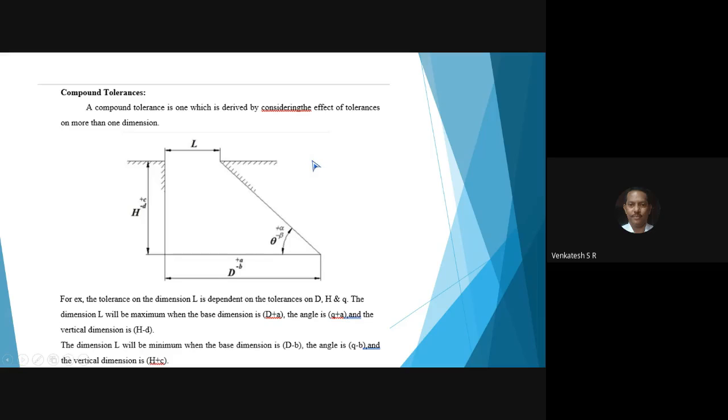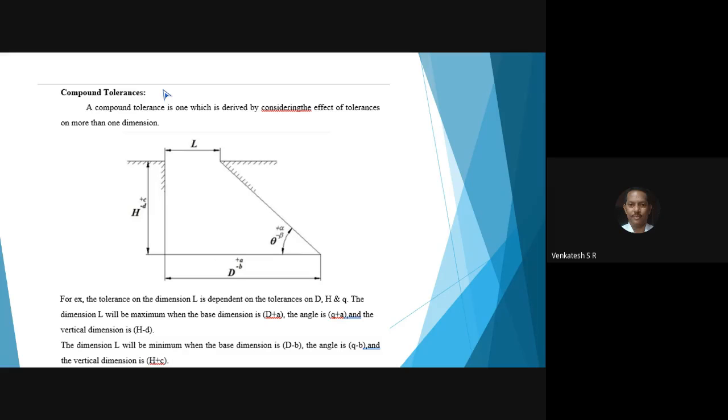Most of the question papers have a question on compound tolerance. If you collect the previous 4 question papers, in 3 of them you can find the compound tolerance question. This is very, very important from the examination point of view.